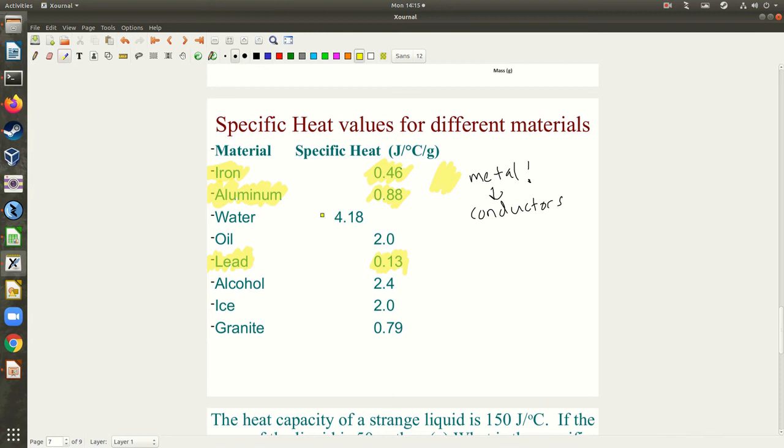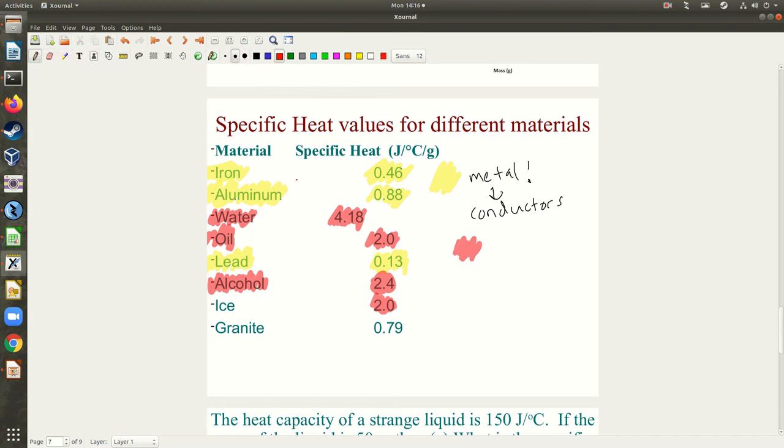Then let's do some red highlighting. Your water, that's not red, that's yellow, you said. And I know, I'm aware of that. So we're going to change it to red. That doesn't look too good, but it works. So your waters, your oils of the world, ice, alcohol, all that good stuff.